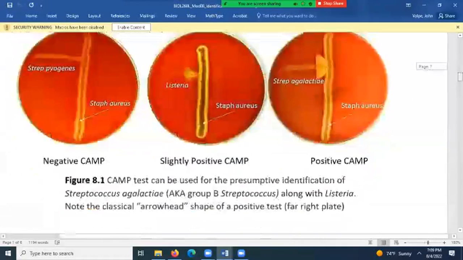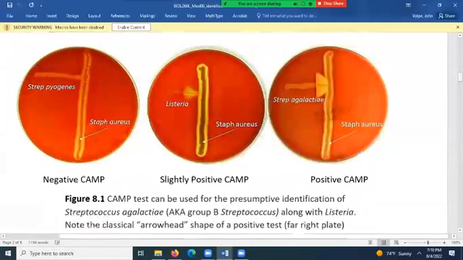Figure 8.1. Here, Staphylococcus aureus is streaked in a line, and in the center is where the bacteria is. Staphylococcus aureus engages in beta hemolysis, making the clear zone around it.